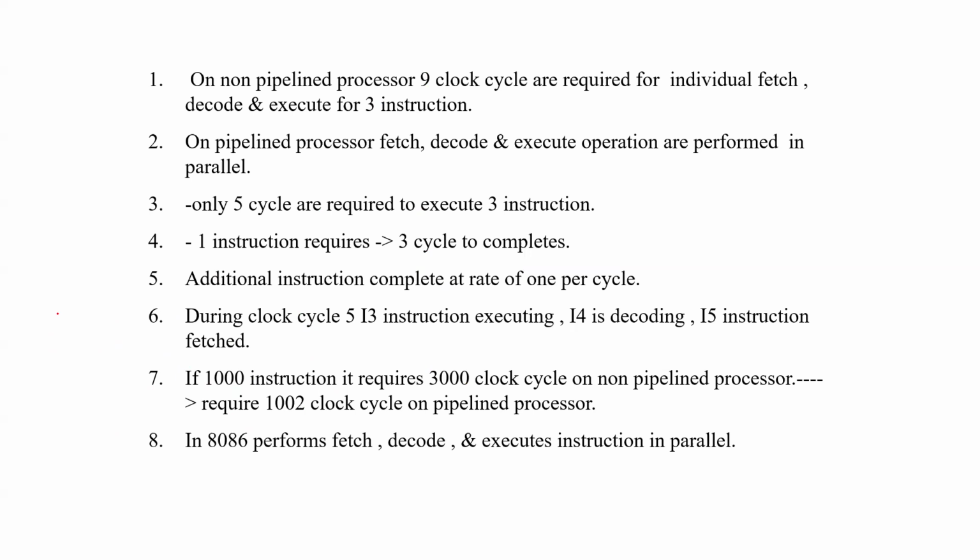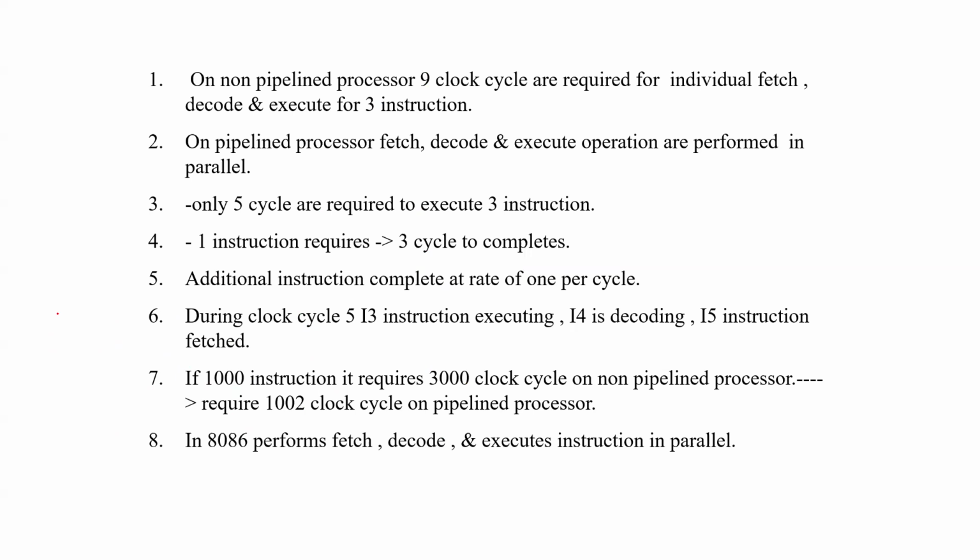One instruction requires 3 cycles to complete. Additional instructions complete at a rate of 1 per cycle. During the 5th clock cycle, I3 instruction is executing, I4 is decoding, I5 instruction is fetched. What I already discussed in the previous slide.